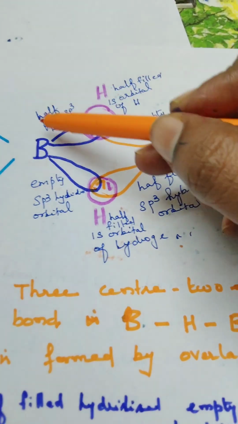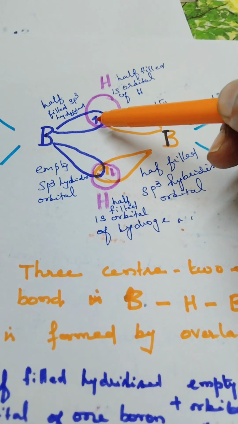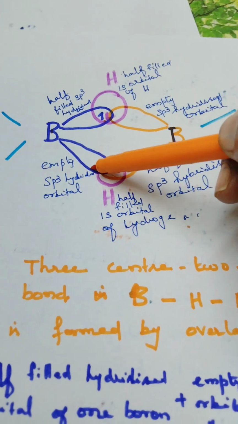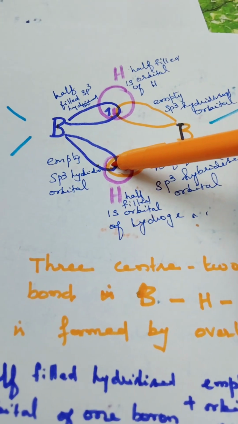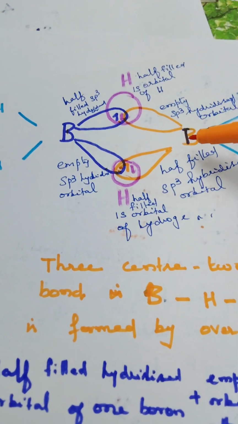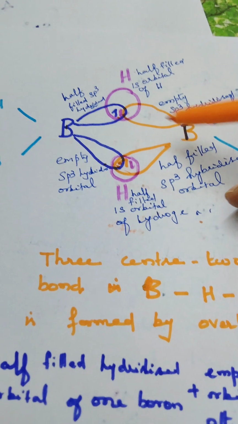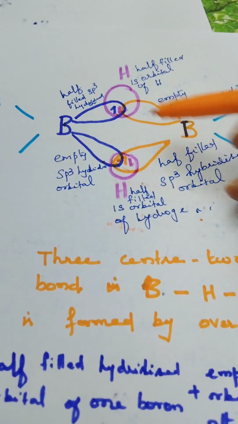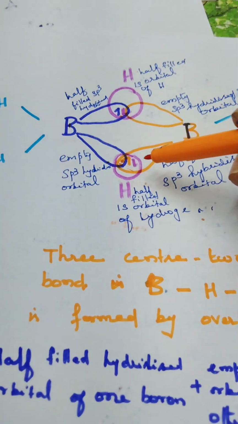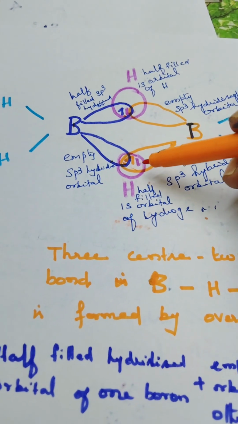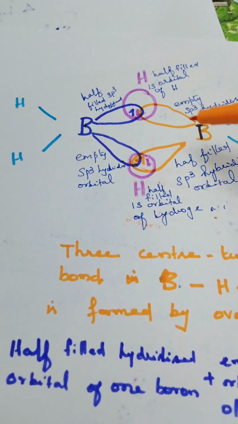This boron has one half-filled sp3 hybrid orbital and one empty sp3 hybrid orbital. In the same way, this boron has an empty hybridized orbital, but here there is a half-filled sp3 hybrid orbital. This one belongs to this boron.